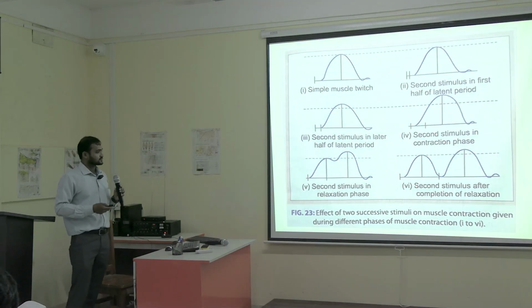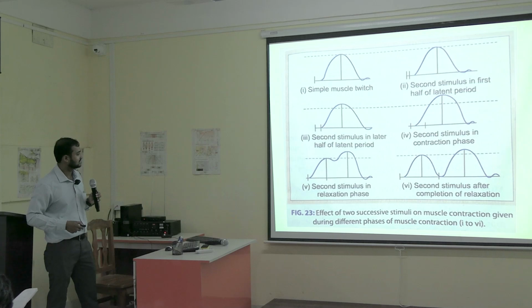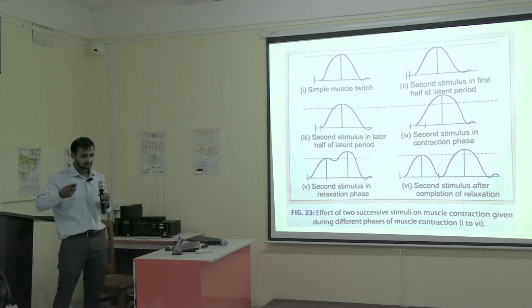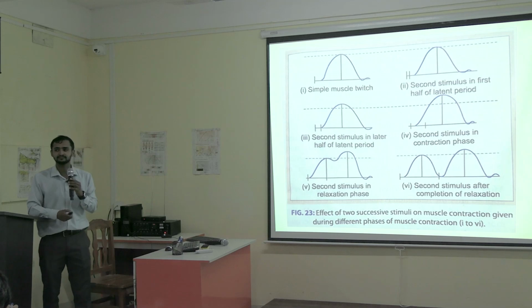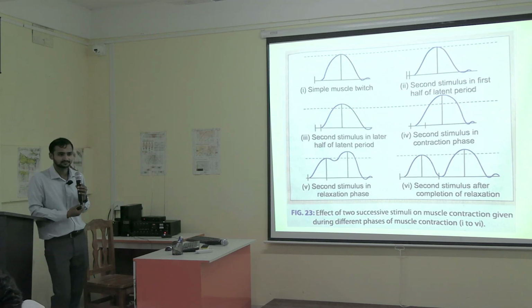Okay, so if we are giving the second stimulus in the contracted phase, how can we know how we are applying the second stimulus in the first phase, second phase, then the contraction phase, then the relaxation phase? In the picture you can see the strikers. There are 2 adjustable arms.